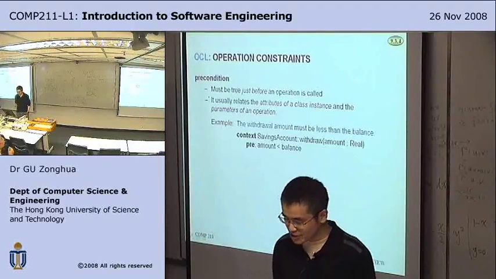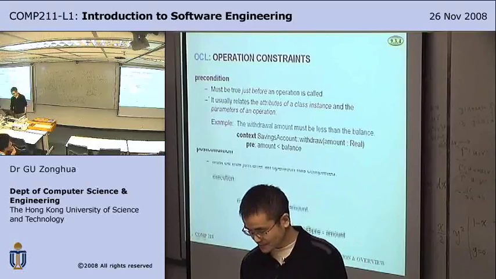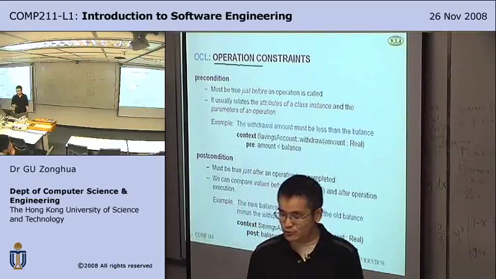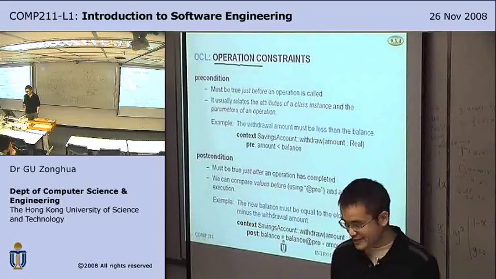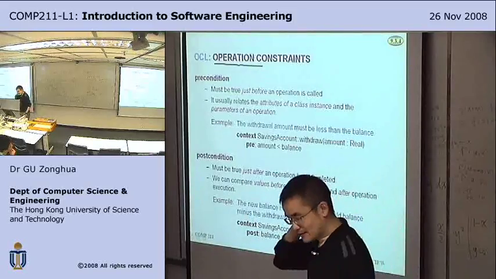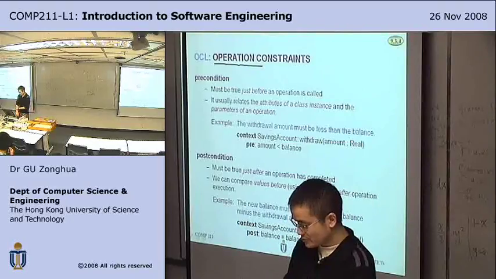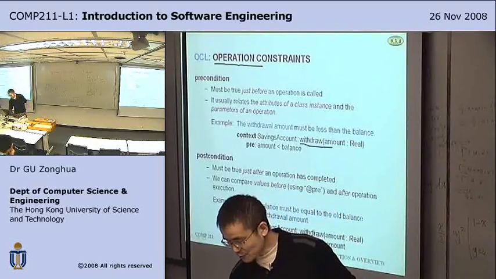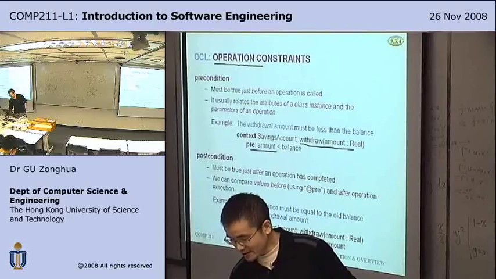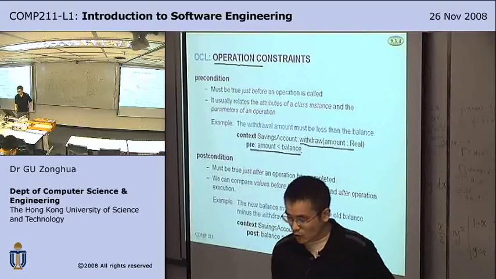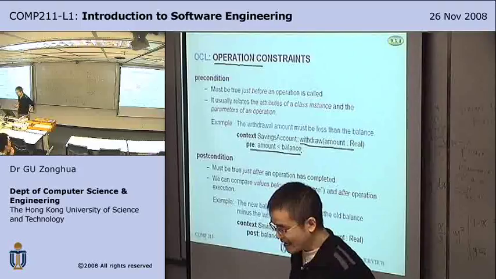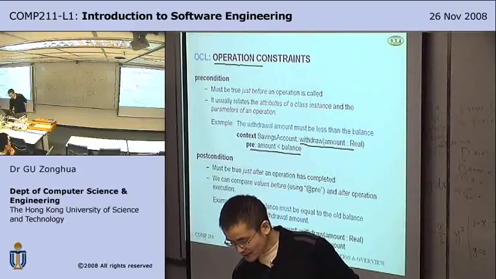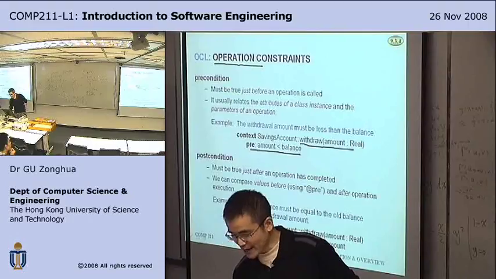The pre and post conditions for operation constraints. We'll discuss pre and post conditions for the use case flow of events, but here you can also use them for operations. So for a withdrawal operation, the precondition is amount less than balance. Only when this precondition is satisfied can you invoke the operation. And the post condition is balance equals balance at pre minus amount.